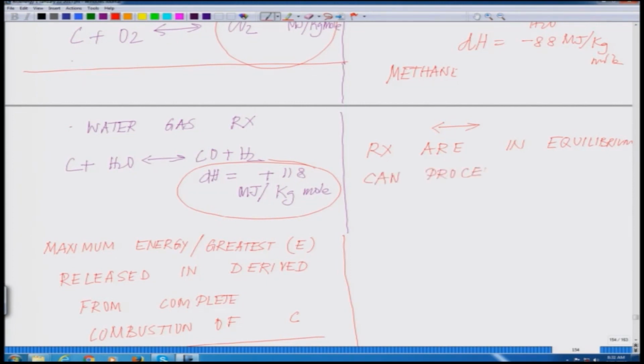So, this is your control point for a reactor: the reaction can proceed in either direction depending on temperature, pressure and concentration of reacting species.